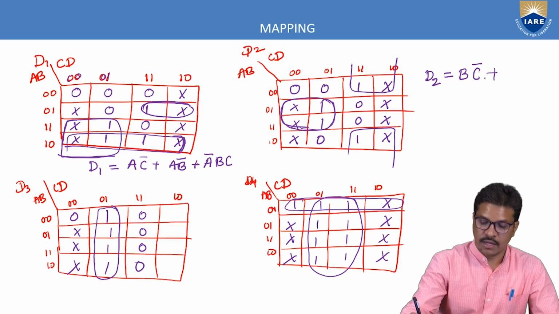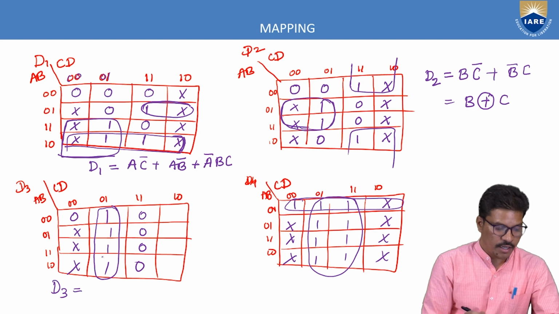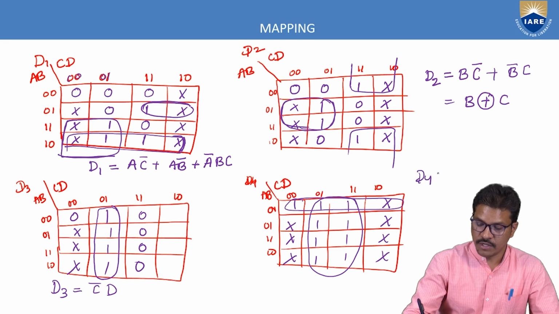For this quad, B bar C. This also can be represented by B XOR C. And D3 is equal to, you will get only vertically, horizontally cancels, C bar D. And D4 is equal to CD plus A bar B bar.